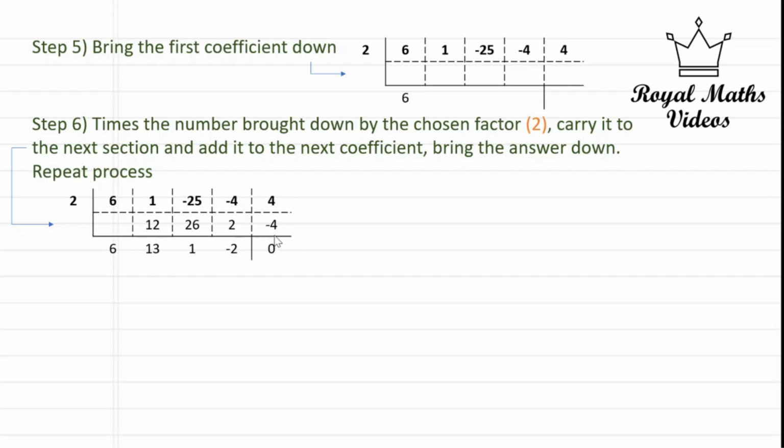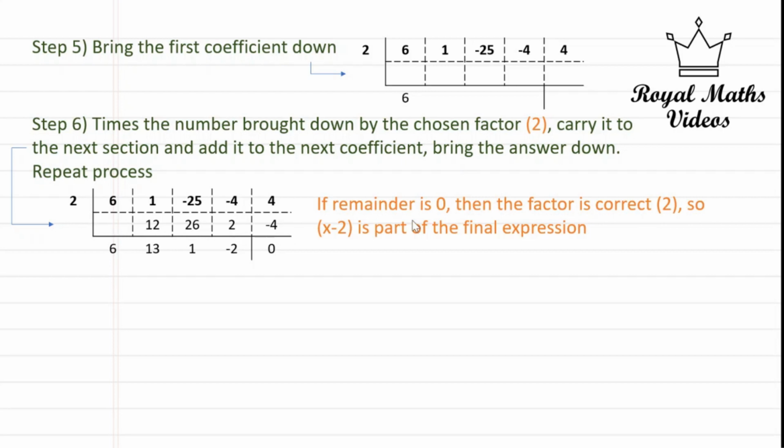Okay, now this 0 is really important, because if the remainder is 0, then the factor we chose is correct. The factor is 2, so x minus 2 is part of the expression. Now whatever the factor is, we just do x minus the number that we find, or plus. So if this is minus 2, then the expression would be x plus 2.